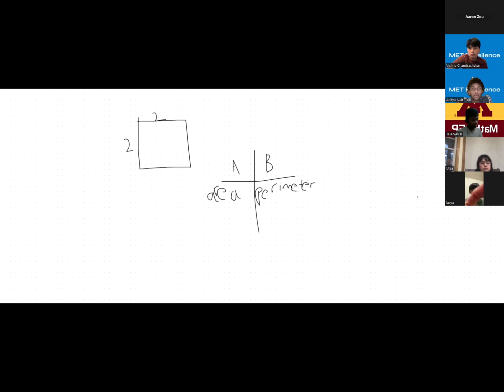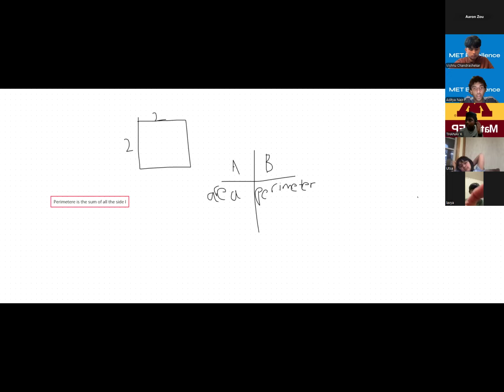Okay. I see some people saying B. I see some people saying C. So the correct answer here would be B, because the perimeter is the sum of all the side lengths.